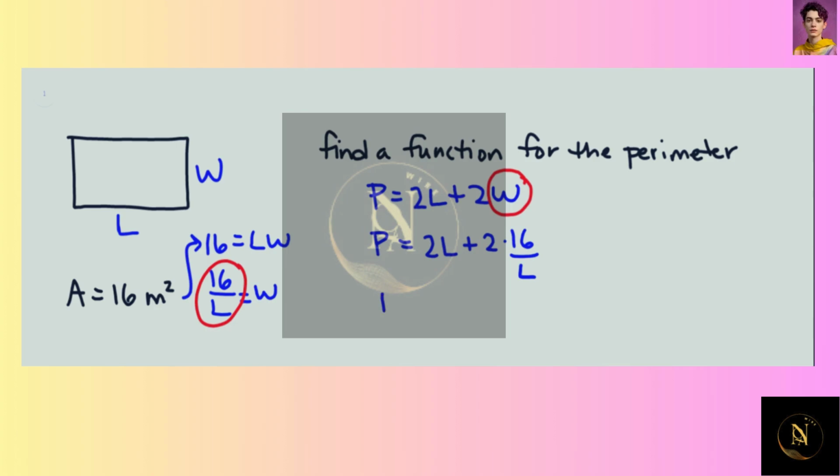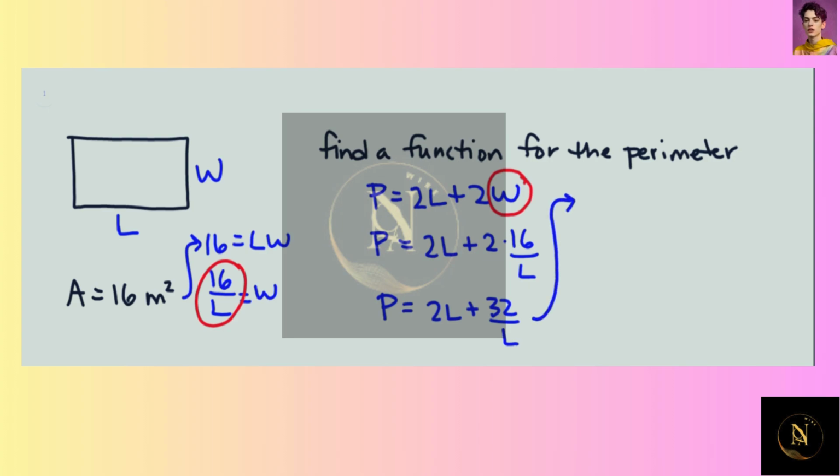We could go ahead and simplify this. So we have 2L plus 32 over L. And if we don't like having two separate fractions like that, I'm perfectly fine with it, but if you got your answer and you looked it up in the back of the book and it looked different, you might want to know ways to simplify it.